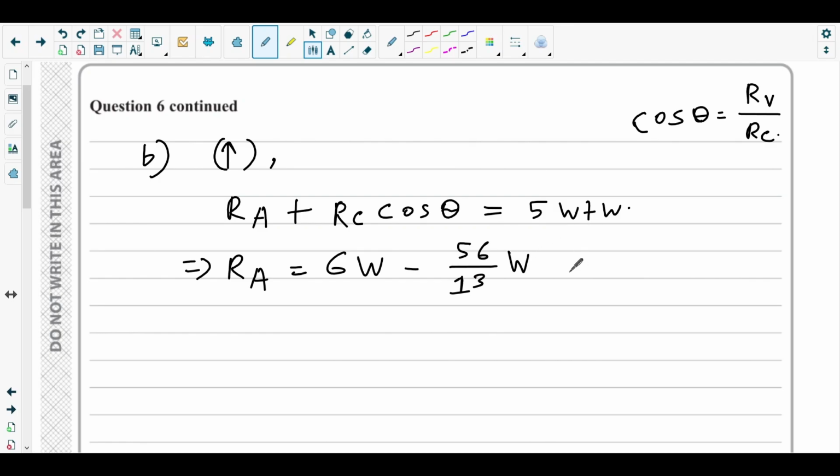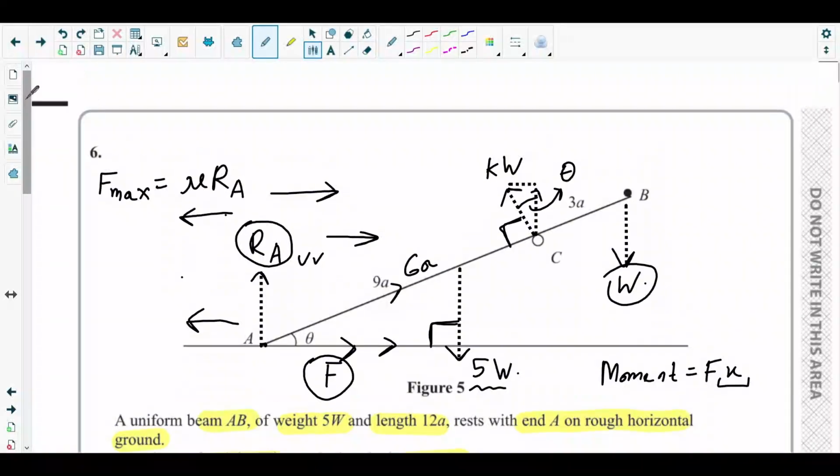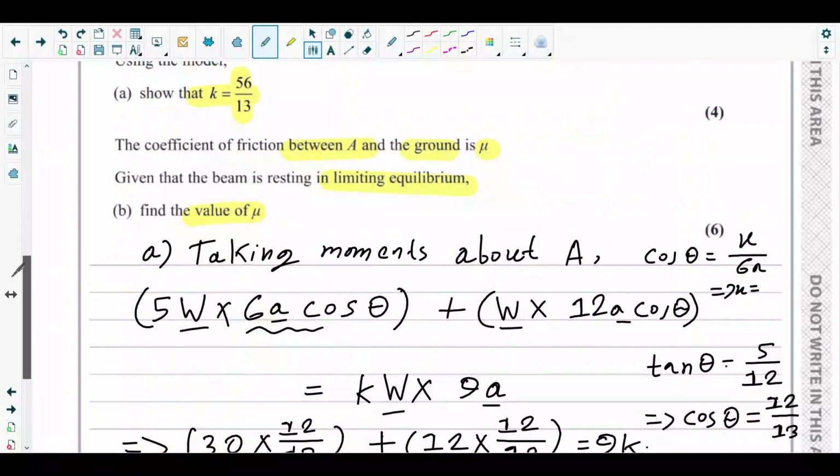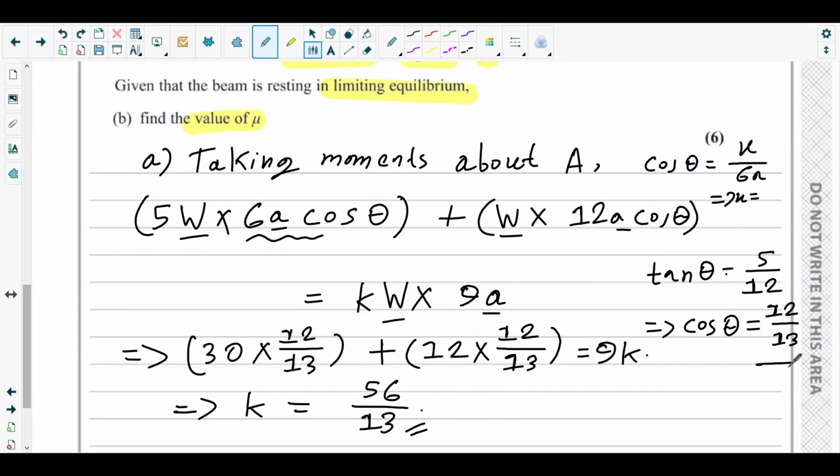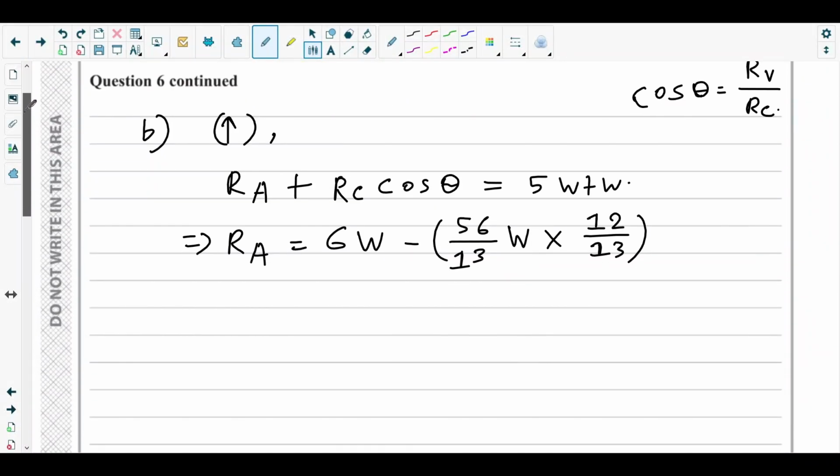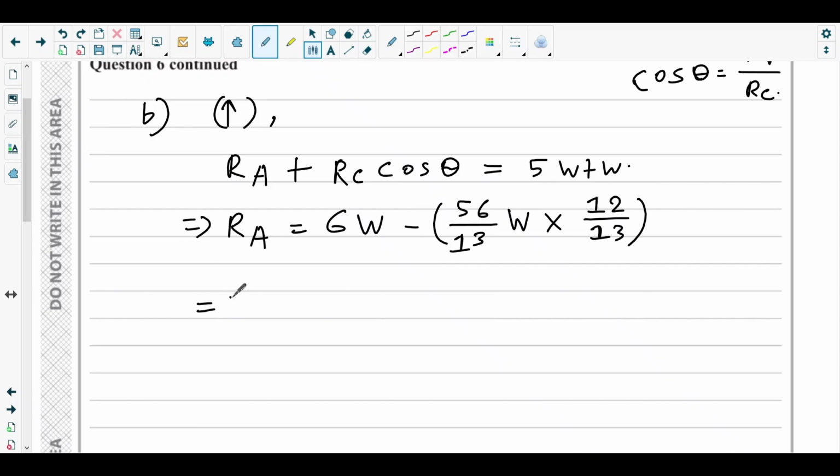56/13 W cos theta. Cos theta is 12/13. Is this the cos theta we got in part A? This is 12/13. This is cos theta. Fine. Now get the value for RA using the calculator.